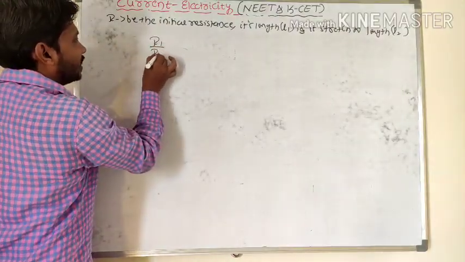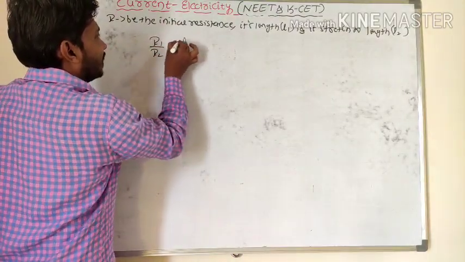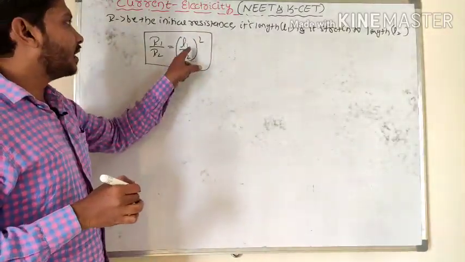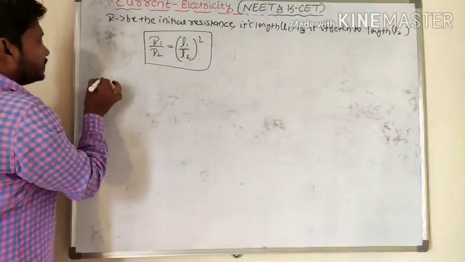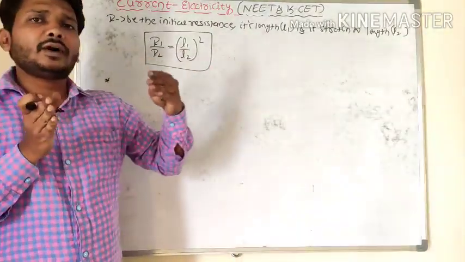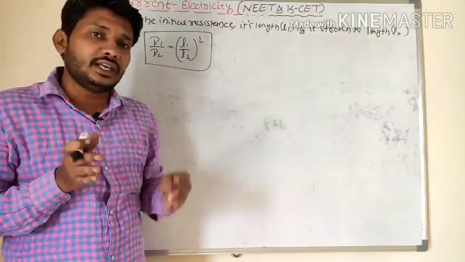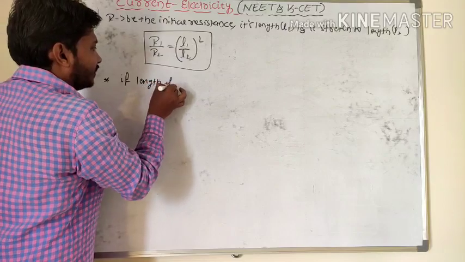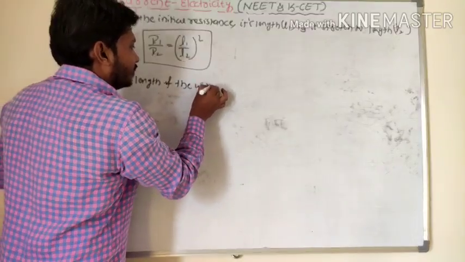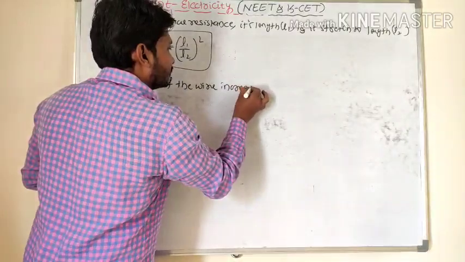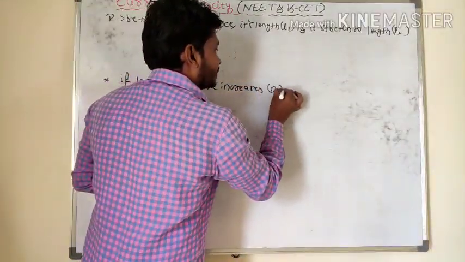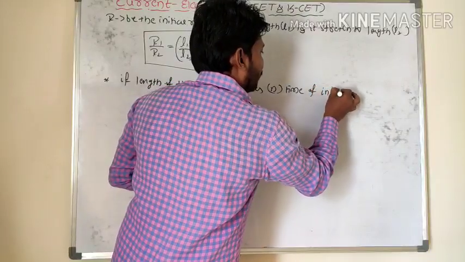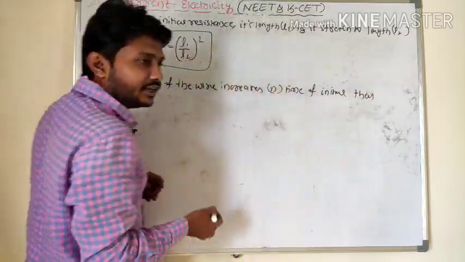So R1 by R2, shall I write it as L1 by L2 whole square? What is the ratio here? R1 by R2 is equal to L1 by L2 whole square. So if the length of the wire increases by n times the initial one, then what about the change in resistance?